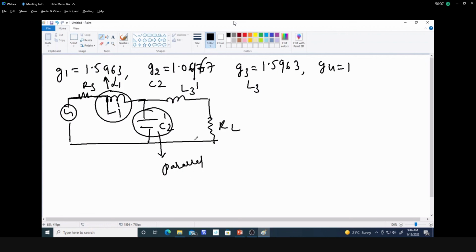In order to get the low pass to band pass transformation, first we need to convert this series inductor to series LC, and then parallel shunt C to again shunt LC circuit, and then finally again series inductor to the same series LC circuit. Once we convert that, we're going to end up with the band pass transformation.